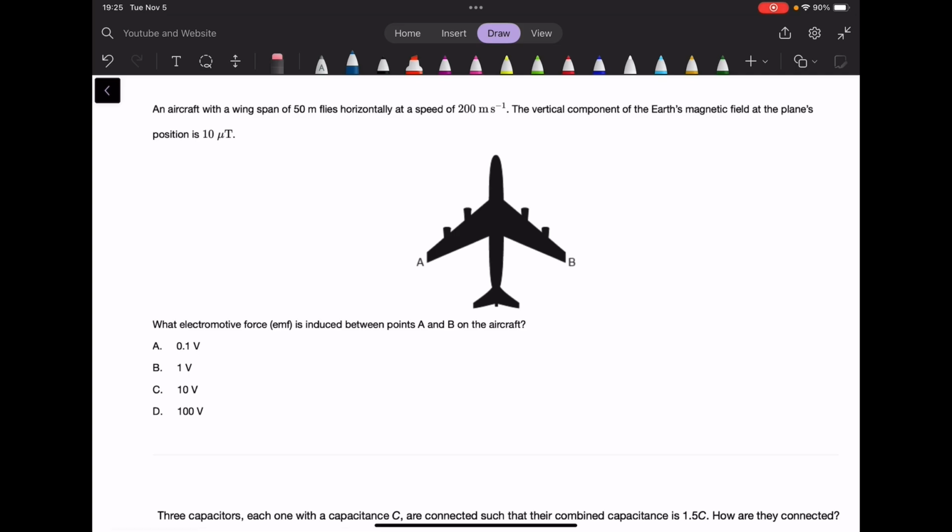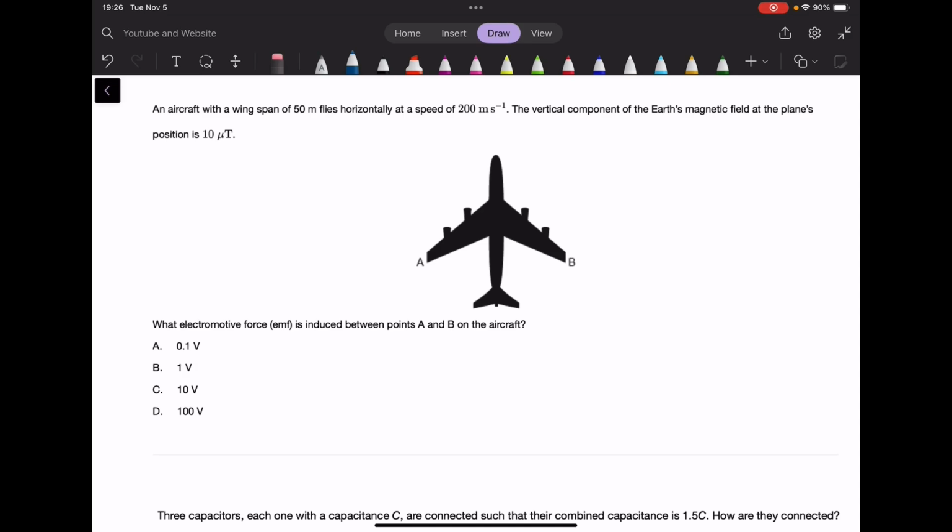An aircraft with a wingspan of 50 meters flies horizontally with a speed of 200 meters per second. The vertical component of Earth's magnetic field at the plane's position is 10 microtesla. What electromotive force is induced between points A and B on the aircraft?